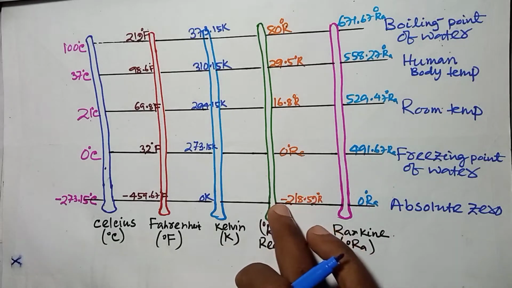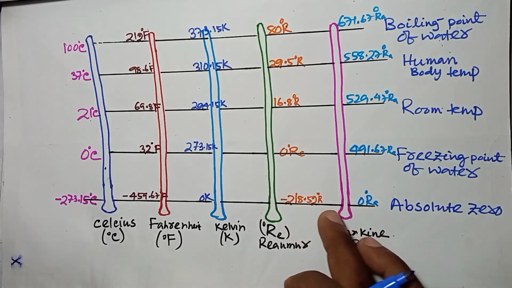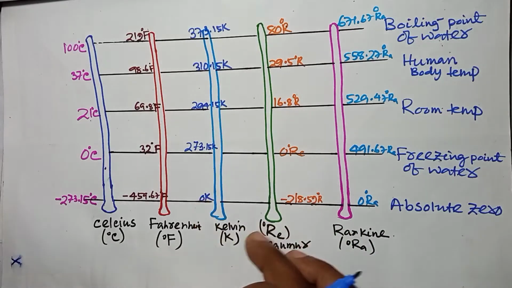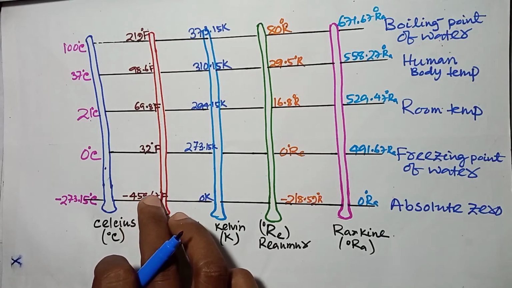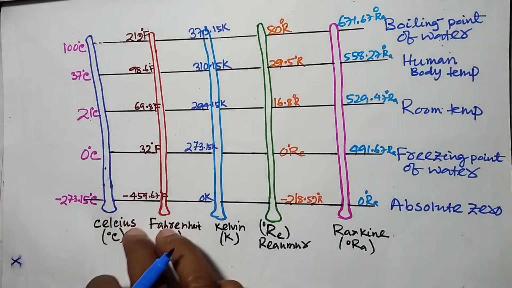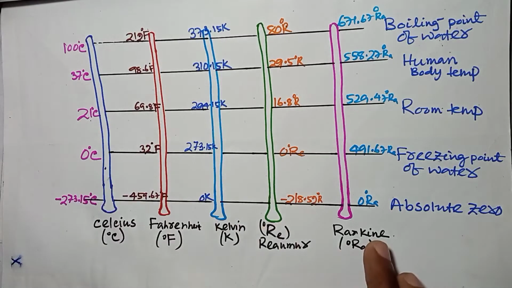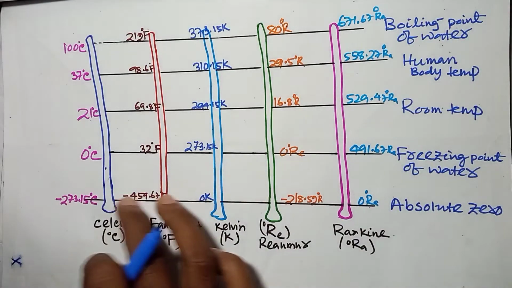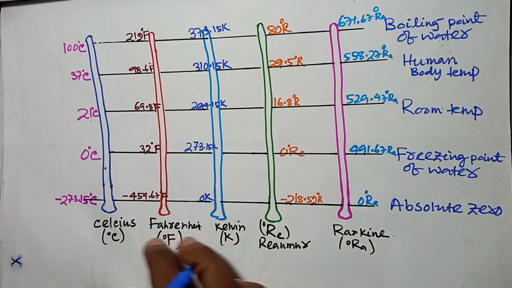For Reaumur it is minus 218.52 degree. For Kelvin scale it is 0 Kelvin. For Fahrenheit scale it is minus 459.67. For Celsius scale it is minus 273.15 degree centigrade. So absolute zero means the minimum temperature which can be measured with the help of different scales.